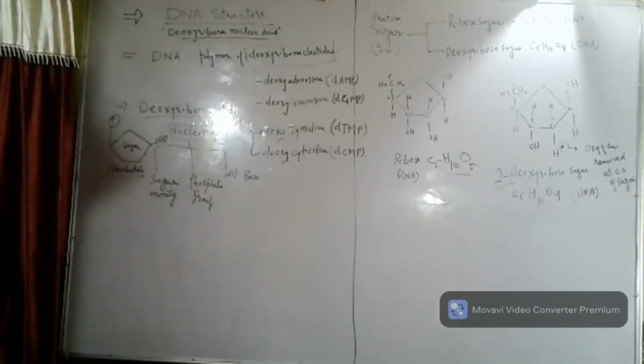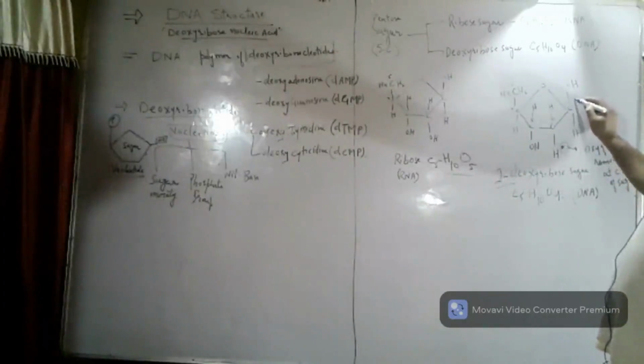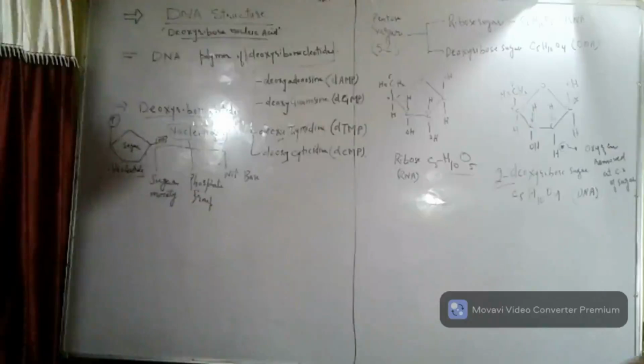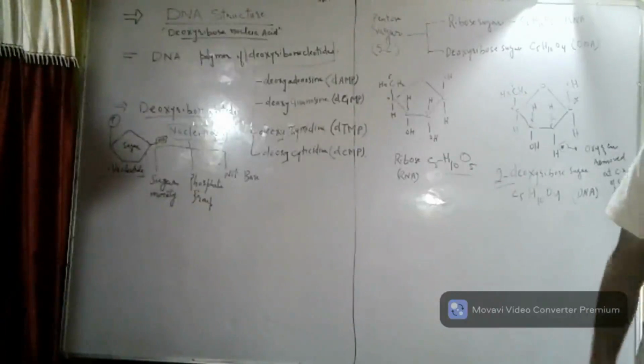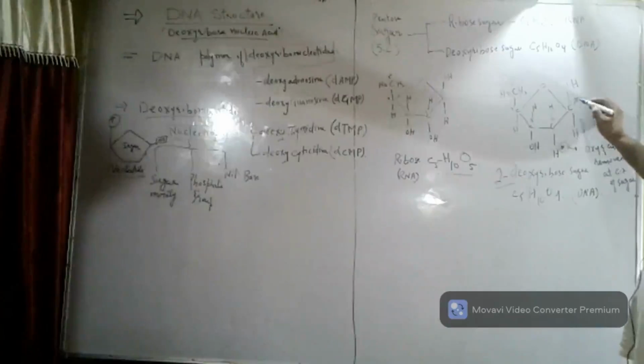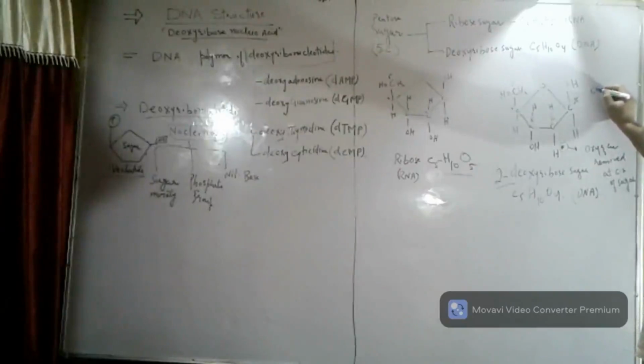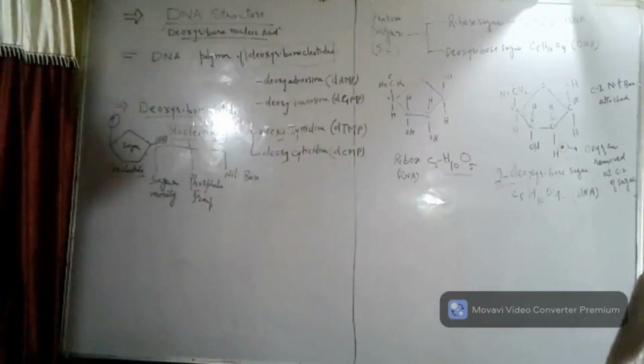So this was ribose sugar, another deoxyribose sugar. See, this carbon first is the site where nitrogen base gets attached to the sugar. So at the carbon first, nitrogenous base is attached, and nitrogenous base is attached to the carbon first of the sugar by means of a bond that is called as glycosidic bond.